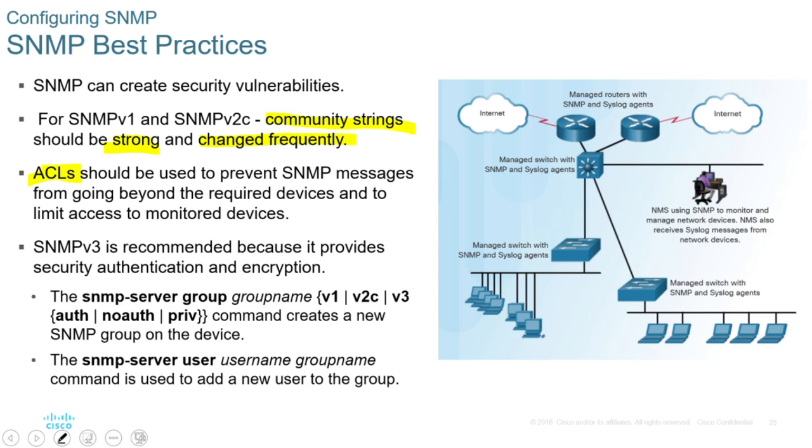We can use ACLs to limit which devices can access. So again, ACLs can help with that. Or we can go with SNMP v3 because it provides much higher security, with authentication and encryption, which would be a much more suitable approach. So that is what would be suggested as the best approach.